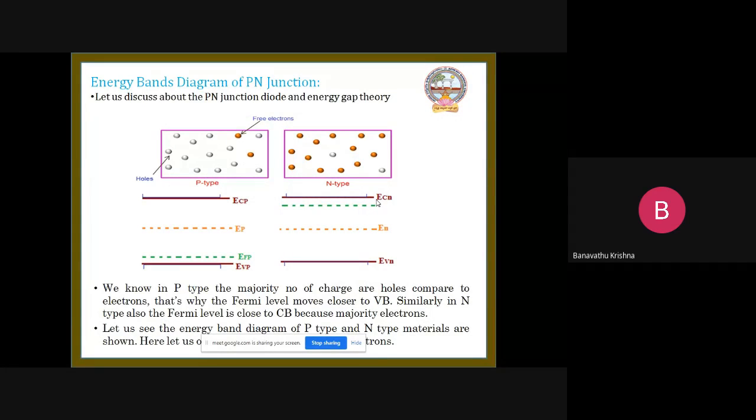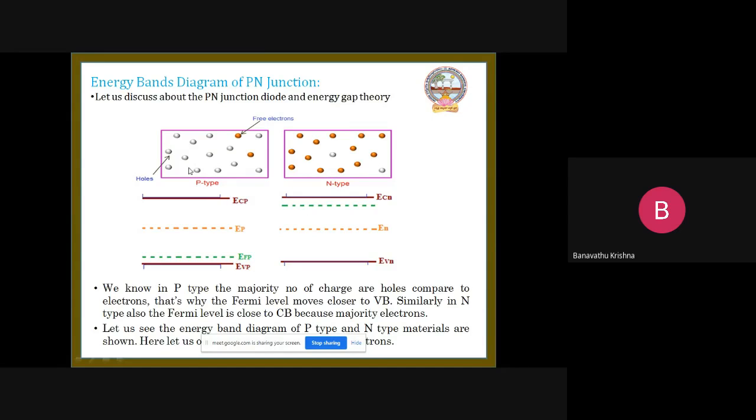As you know, previously we learned in some topics in engineering physics that there are two types of elements we observe: p-type and n-type semiconductor materials. Here, this is the p-type material.